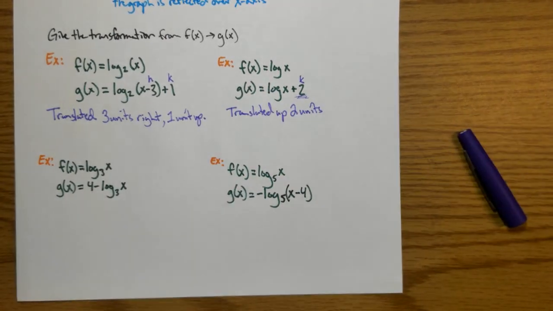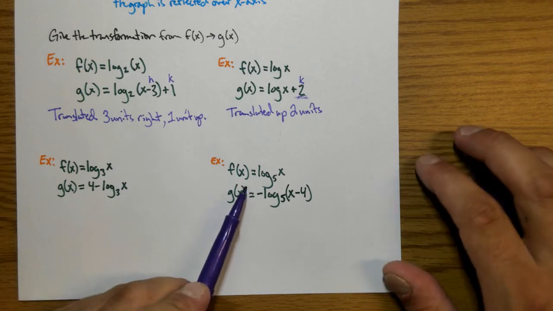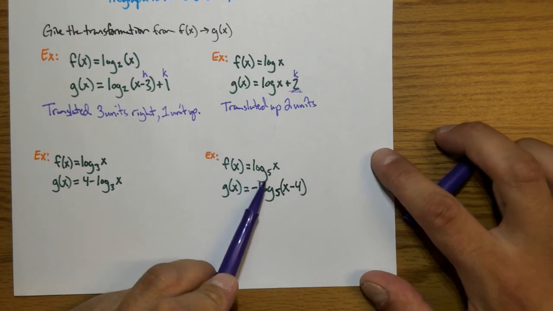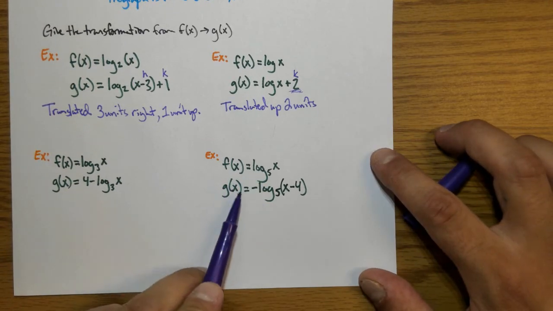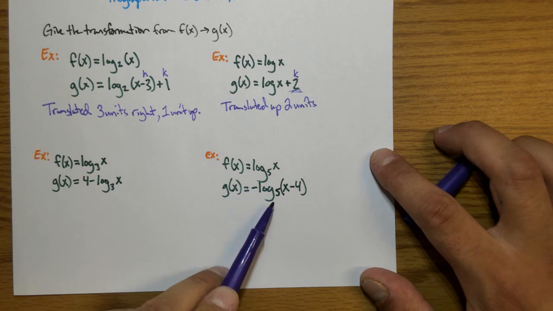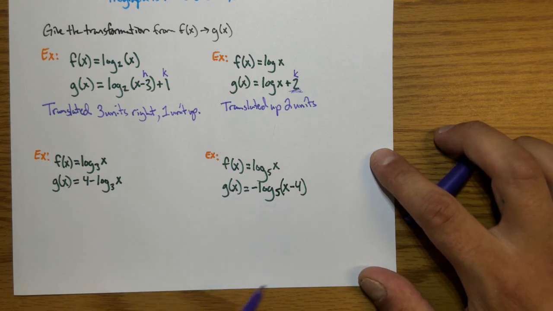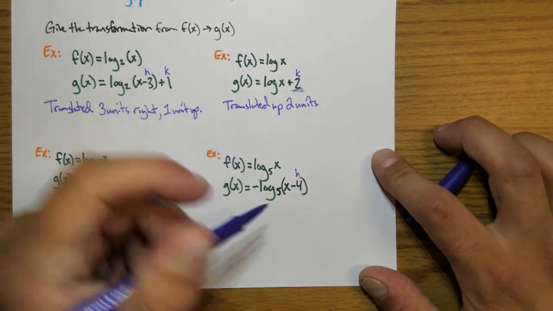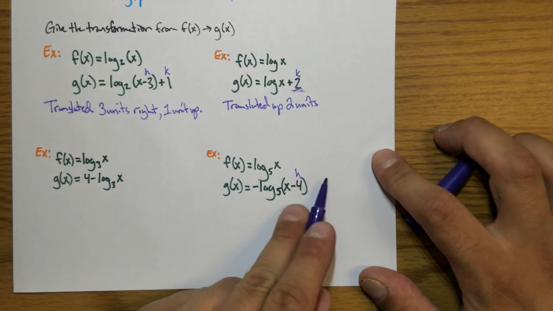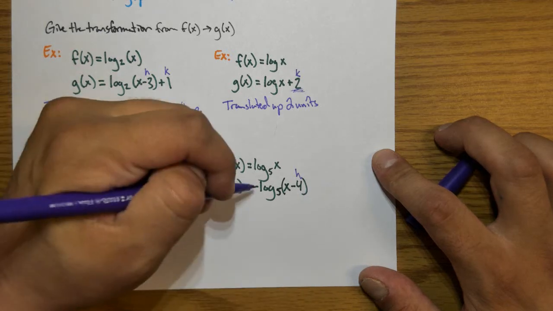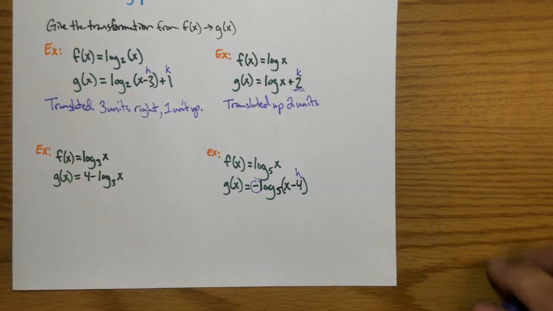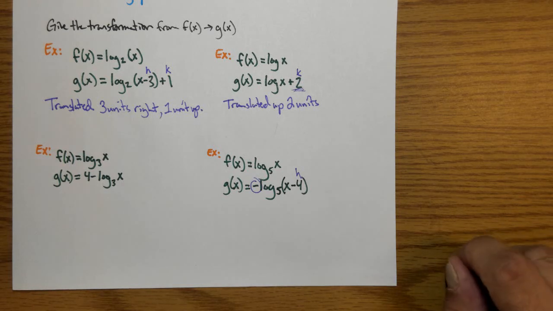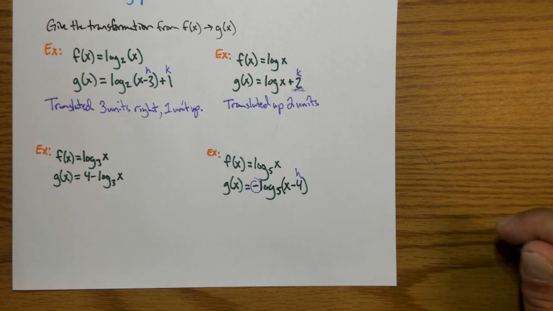So this one, our parent function, our f of x, is log base 5 of x, and our g of x is negative log base 5 of (x minus 4). So here we have an h. We don't have a k. K is technically 0, but we do have this negative as well. So remember what the negative does. It reflects over the x-axis. So we would want to mention that.